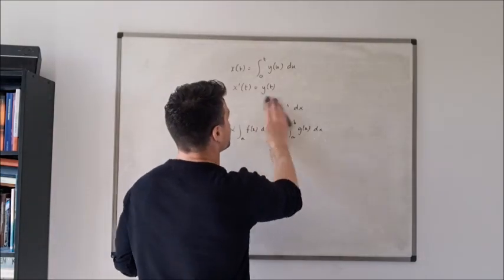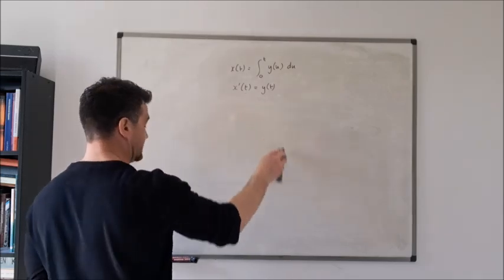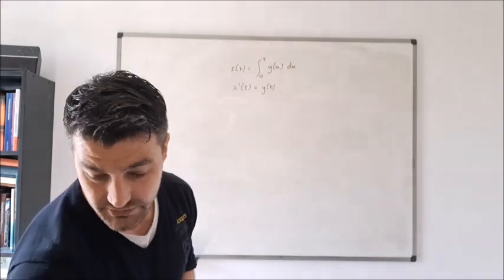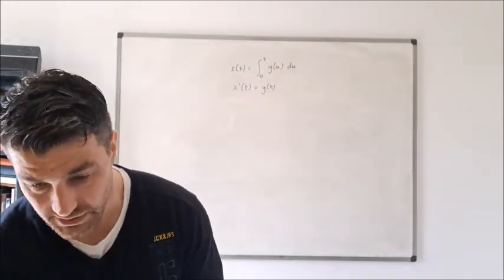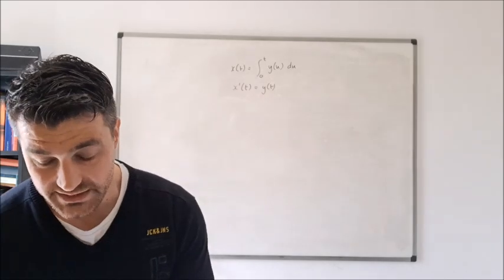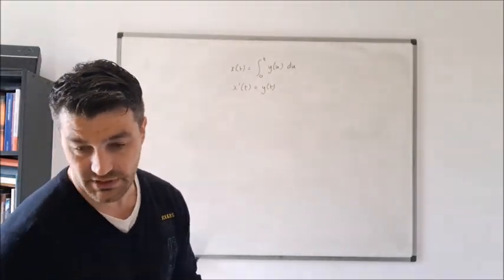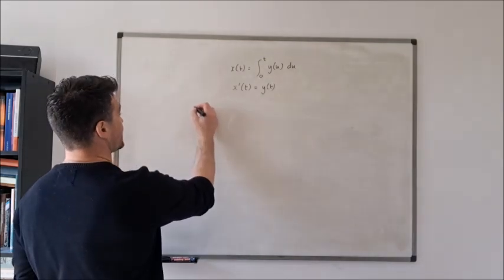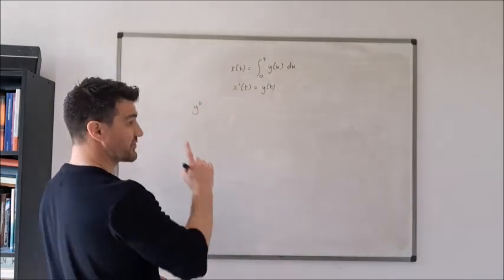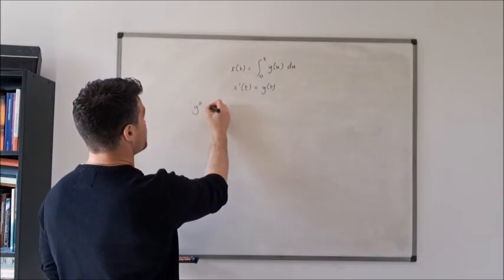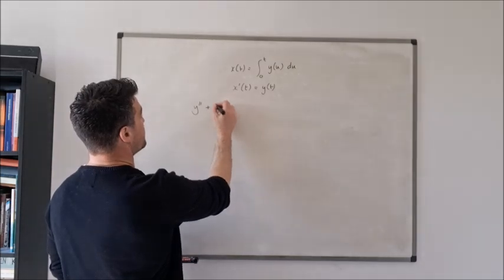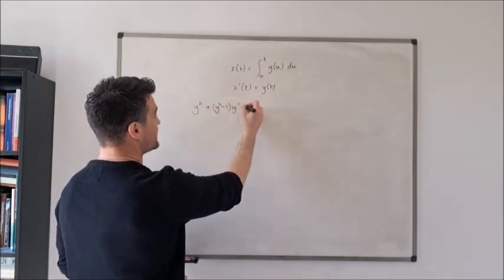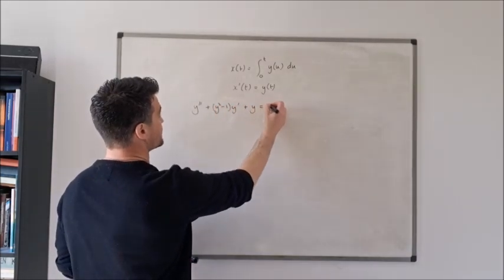Okay, so let's get rid of that. So we're on to the next part now. Let's have a look. In addition, it is given that y of t satisfies this differential equation. So we've got y double primed plus (y squared minus 1) y primed plus y is equal to 0.